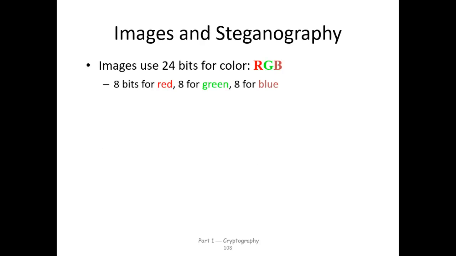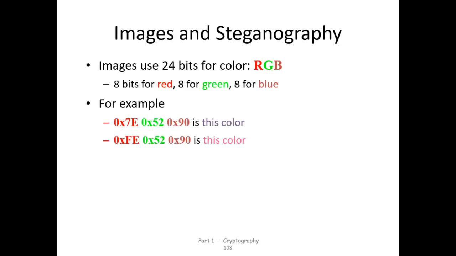Now, images. How can steganography be used with images? Usually images use 24 bits for color, that is RGB. R takes 8 bits, green takes 8 bits, and blue takes 8 bits. So these are the color components RGB.